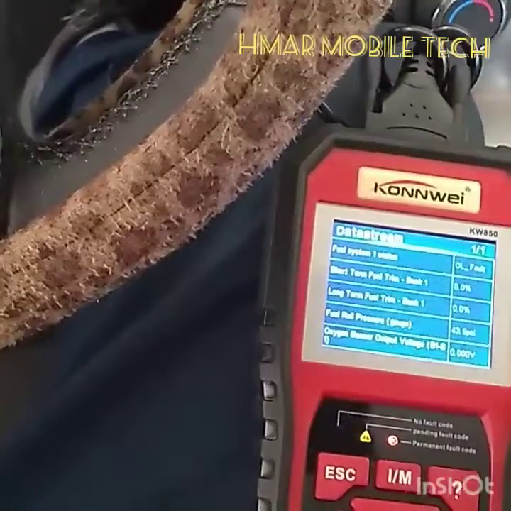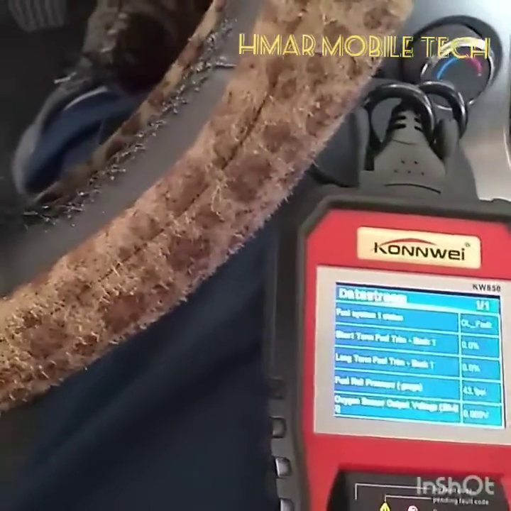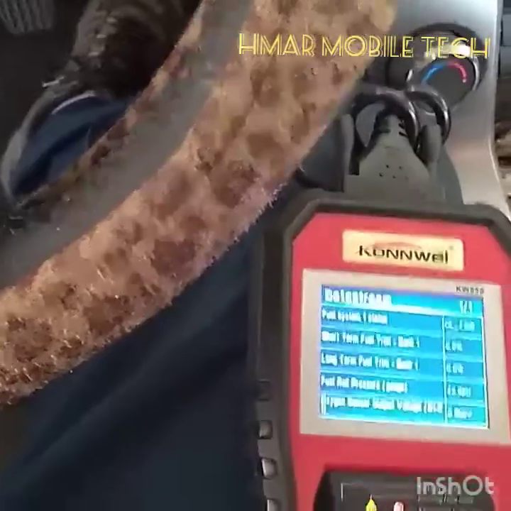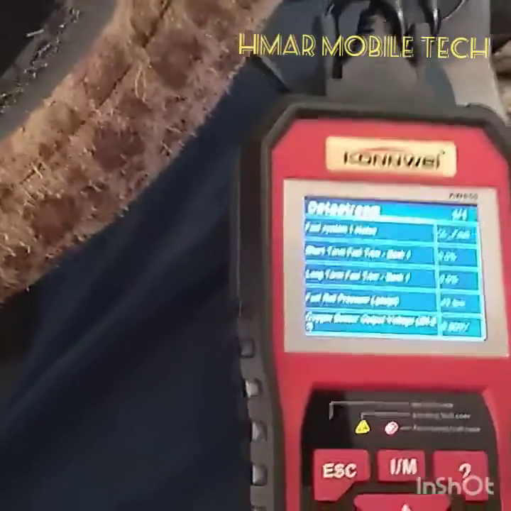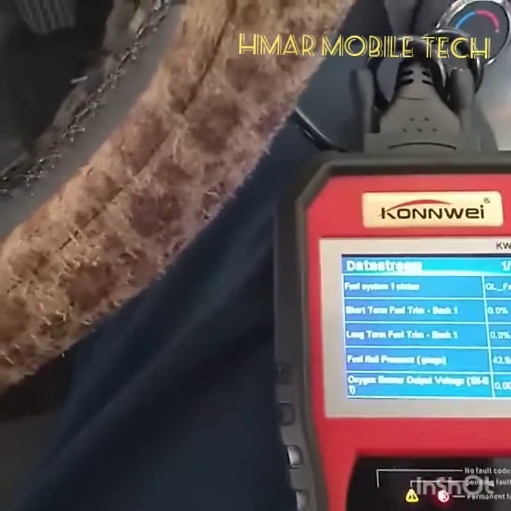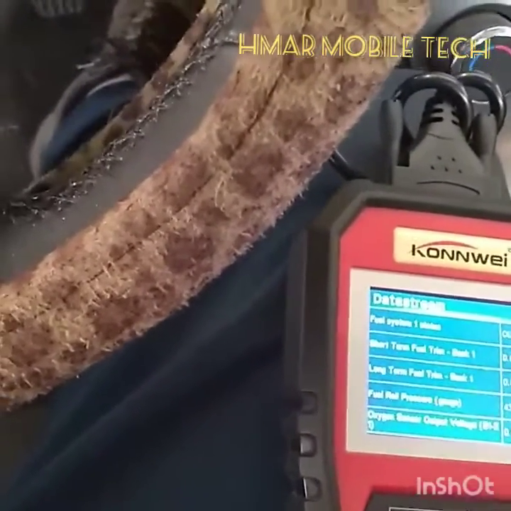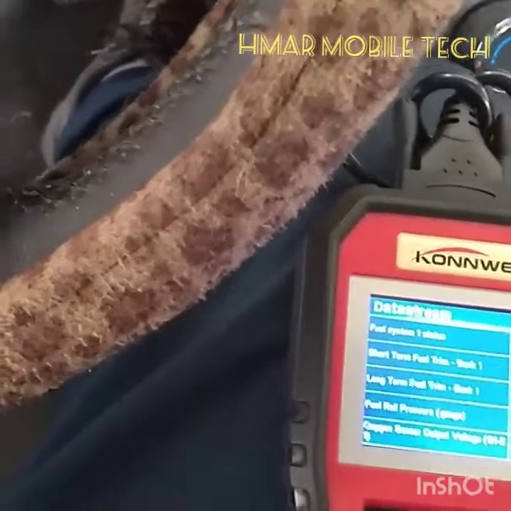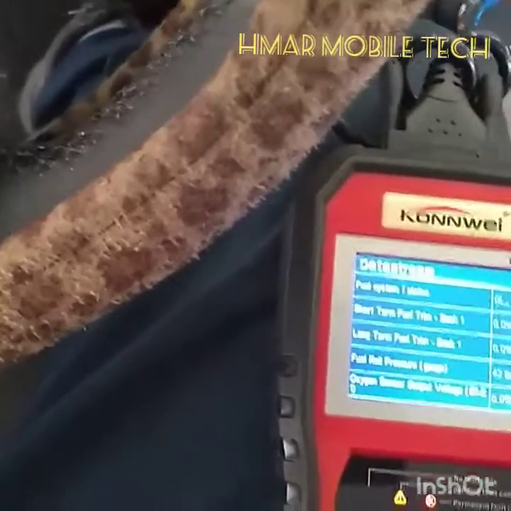Closed loop is a technical term in automotive that means all of the sensors in the engine management system are reporting data to the computer, and the computer's accepting it and making corrections based on that. But we're not in closed loop. We're in out of limits fault, so I can't see my short-term, long-term fuel trim.